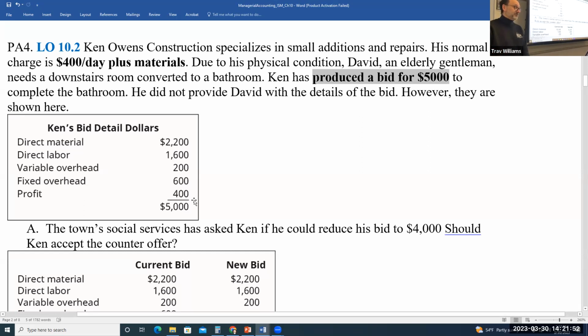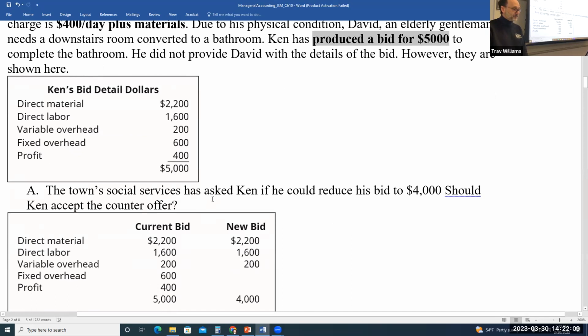And the company doesn't have to make a profit. So they could cut out $1,000 here, basically accept the offer, but just break even by only covering their variable costs. If you cut out the fixed overhead and profit from this particular bid, you're covering your variable costs, but you're not really making any profit, right?